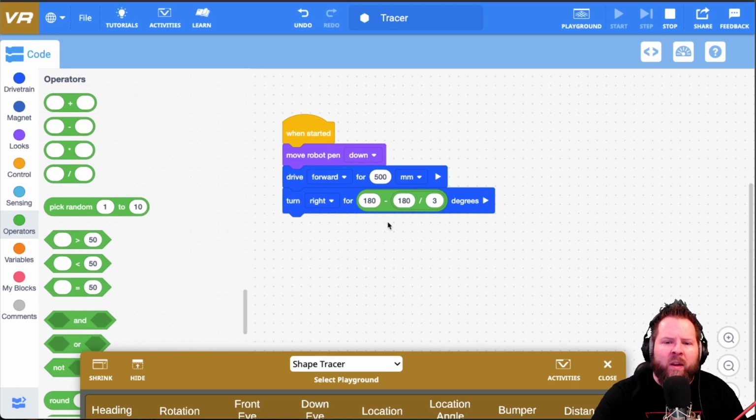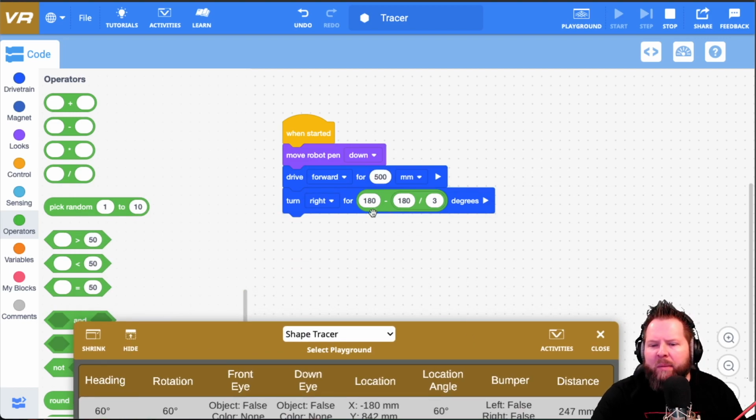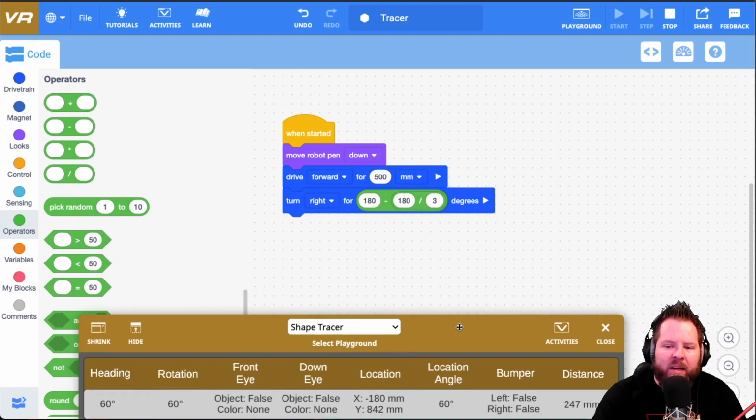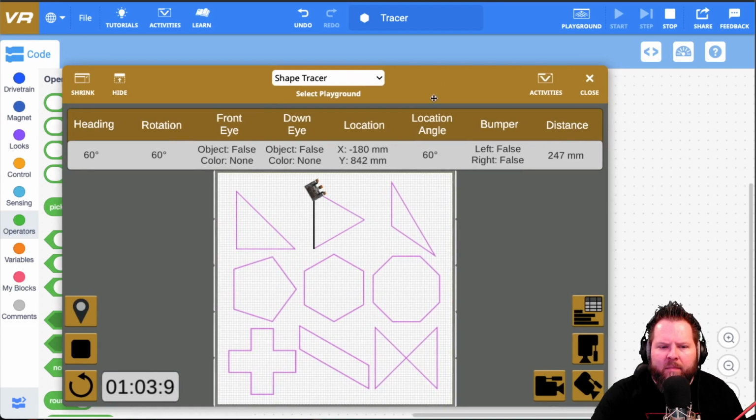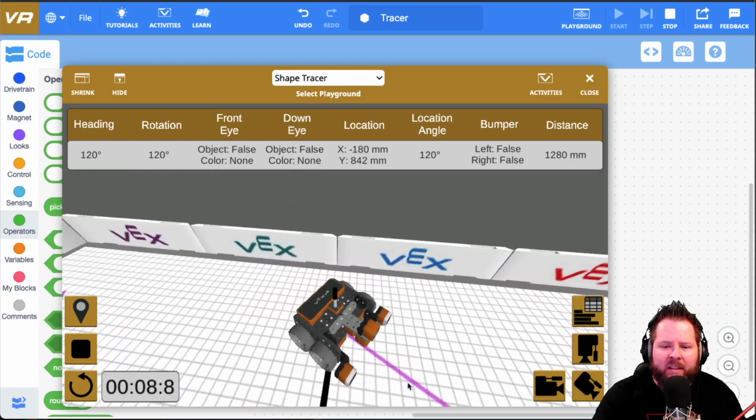I'm doing it this way to illustrate my thought process. You could probably multiply 180 by a factor, but this is the way I'm going to do it. So let's go ahead and reset and play. And notice, boom, I am looking exactly in the direction that I need to be looking.